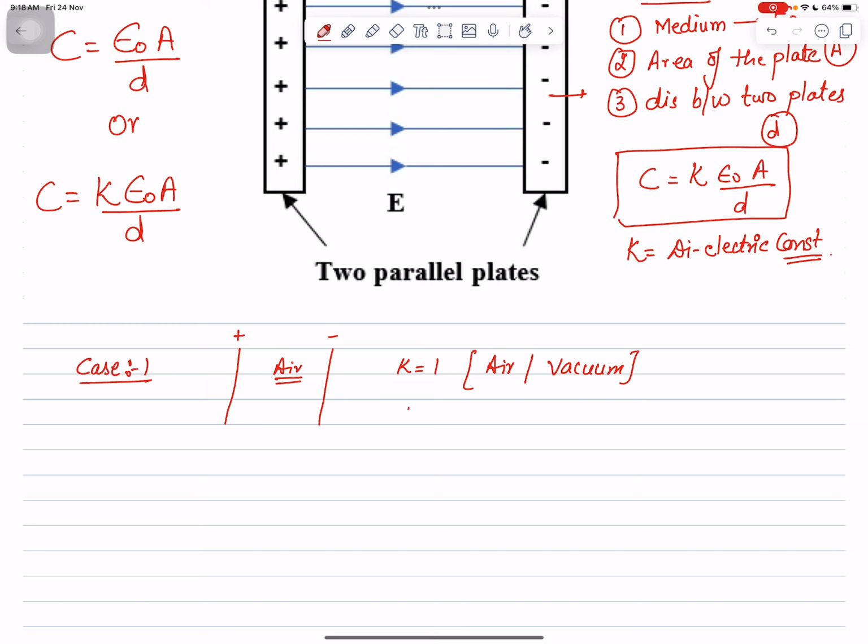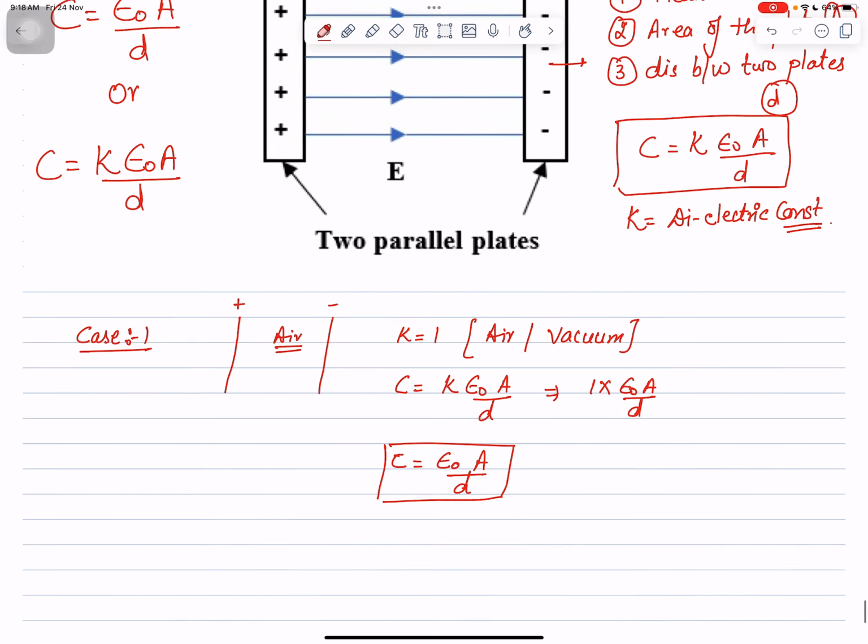So your formula C equals K times epsilon naught A by D becomes K equal to 1 times epsilon naught A divided by D. In your book also you find this formula, epsilon naught A divided by D. It means that they are focusing on air within the plates.